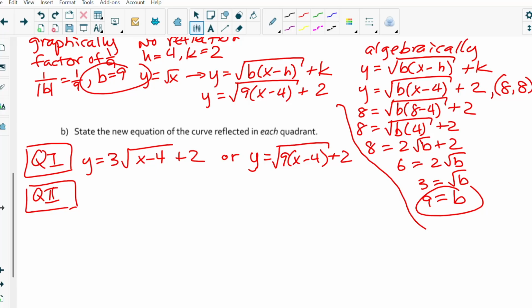To reflect into quadrant 2, I need to have a b value of -1. So let me do this. This one, I need a b value equal to -1. So what does that look like?